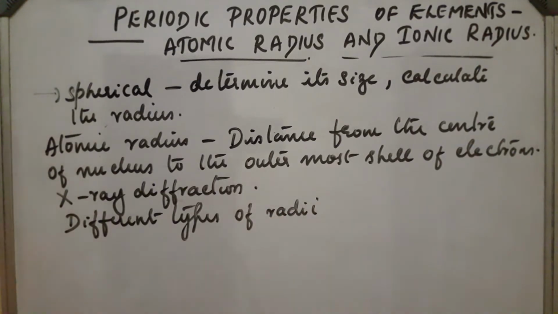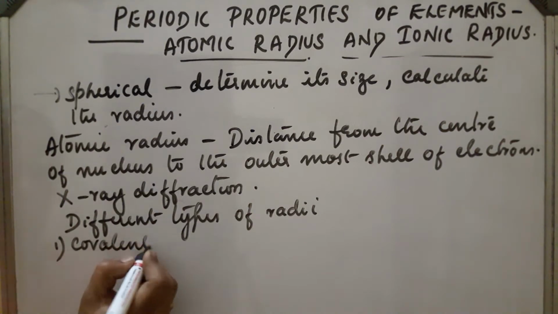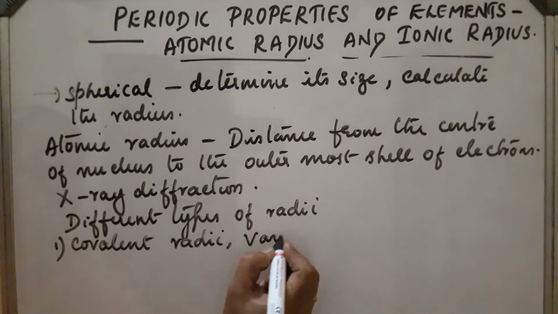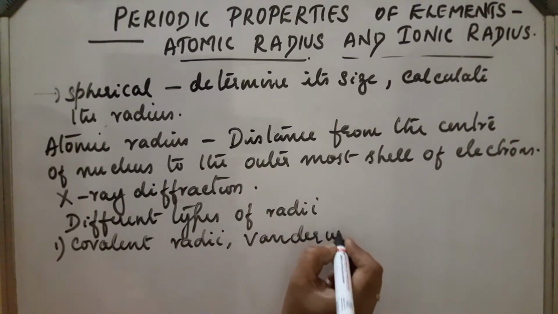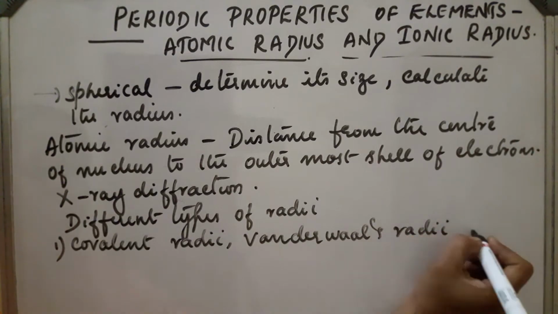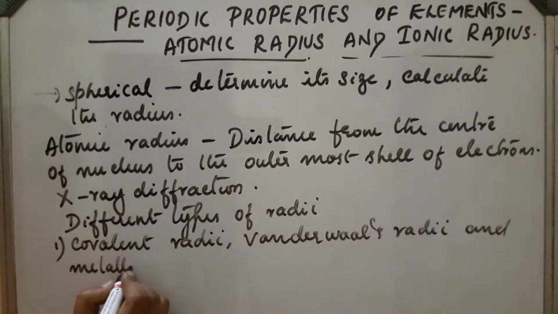They are, first, covalent radii, then van der Waals radii, and metallic radii. Now let us discuss one by one.